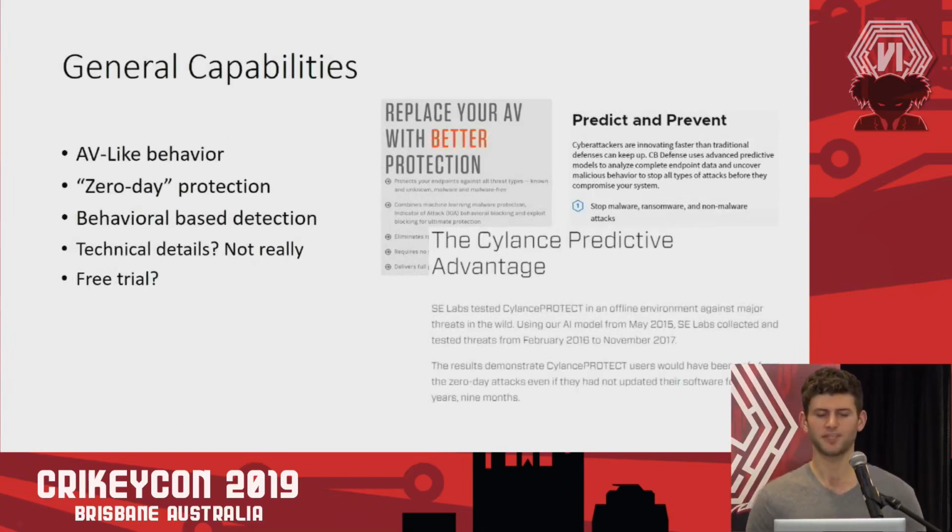So I've got a few snippets here of what you would see on their websites, say Cylance's website, Carbon Black, CrowdStrike. You can see they all advertise AV-like behavior, so they typically say you can uninstall your AV and install this instead. They do offer your basic signature checking stuff, but they also have zero-day protection, or what they call zero-day protection, along with more behavioral-based detection.